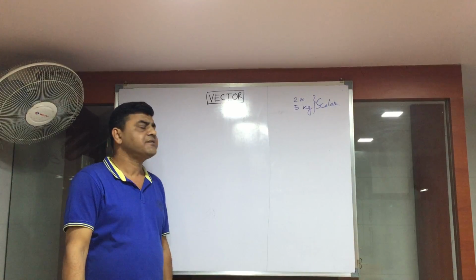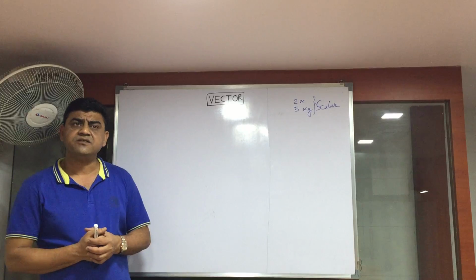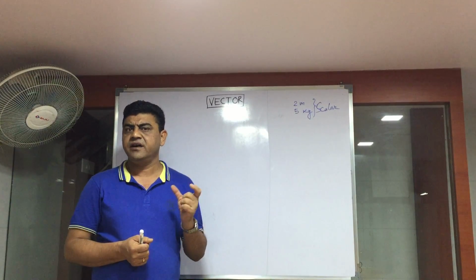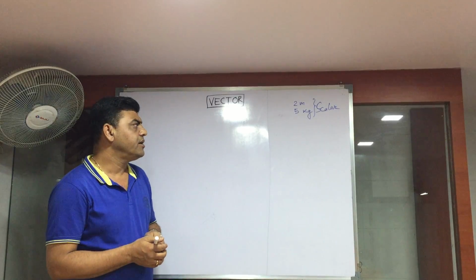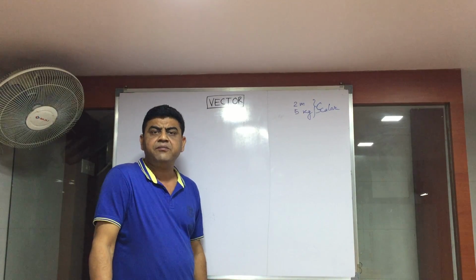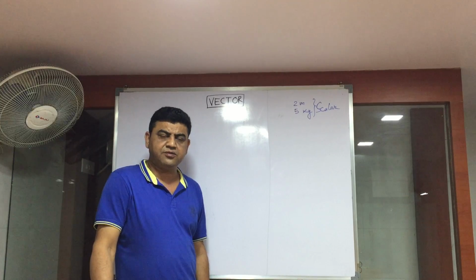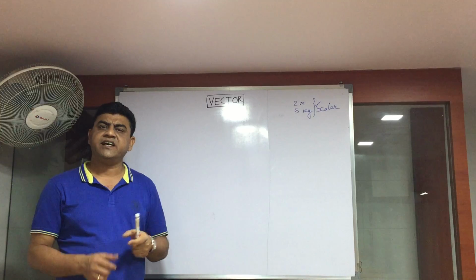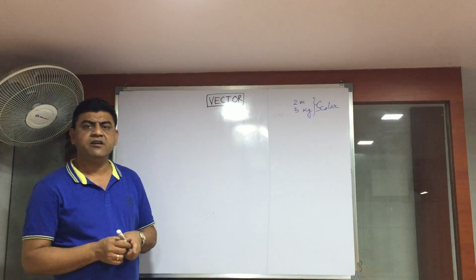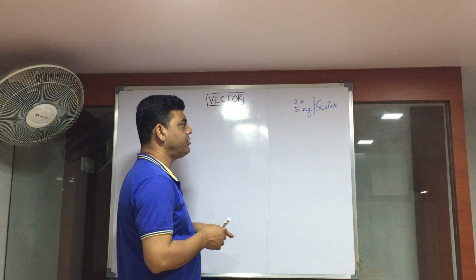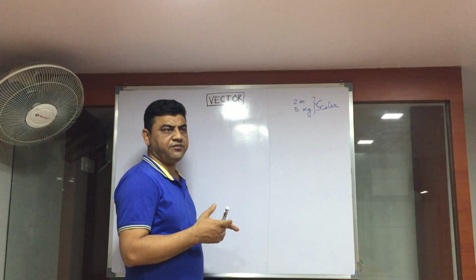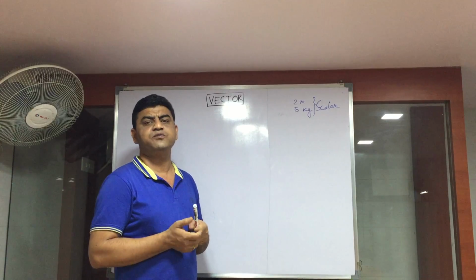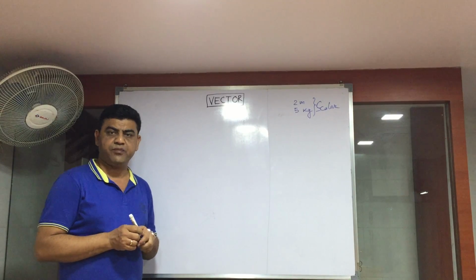These are quantities which not only have a number associated, they also require a direction to be defined. So the quantities which require a magnitude as well as a direction are called vector quantities. If we talk of a force of 2 Newton, that means the force along with its direction should be specified to define it properly.